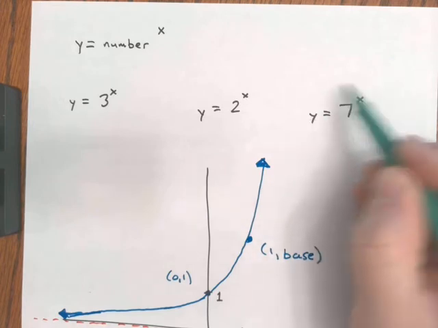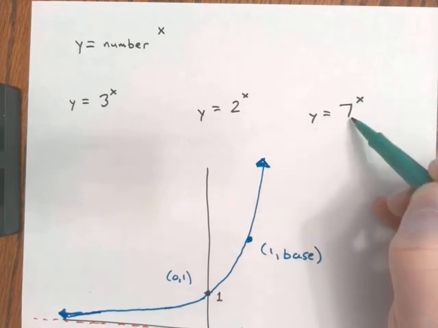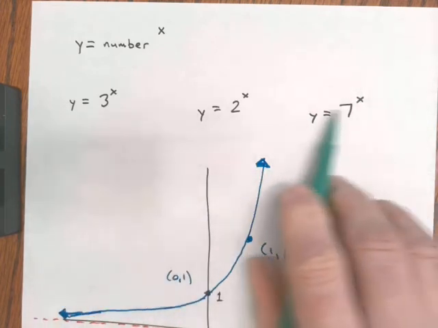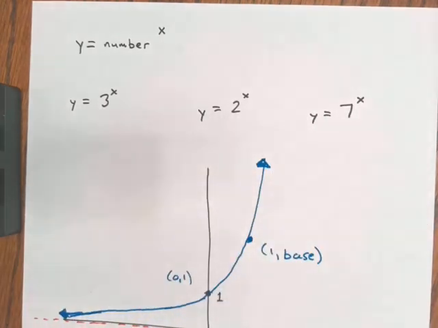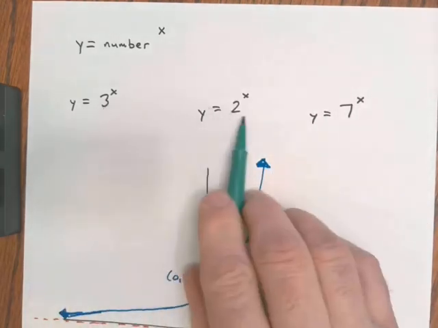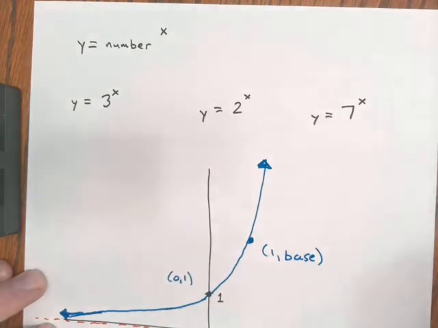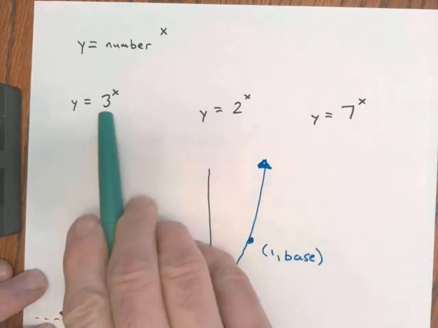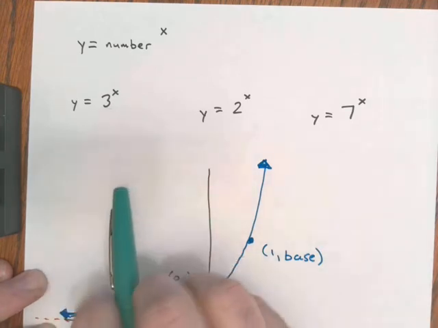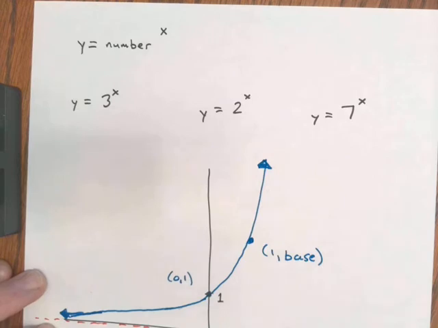This would be the parent function for all of them with a base 7. So you're going to have your different parent functions, and this base number is going to change depending on the problem. But there are some features of these graphs and all of the other ones, whether it's a base of 4 or 5 or 6 or 8 or any of them, that are in common.